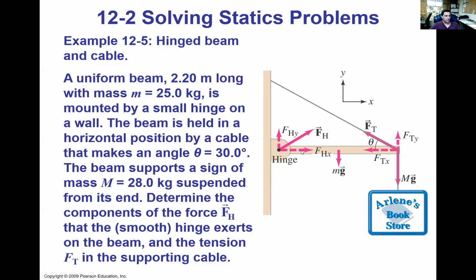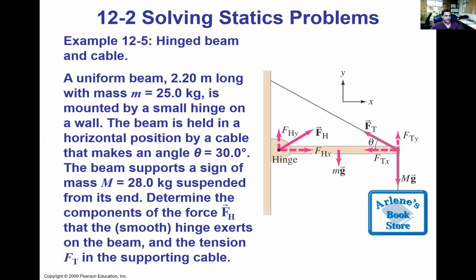We don't have to deal with the FX because it is in line with the end of the beam. We would just have the FY, the reaction force for the hinge in the Y direction, to deal with. So I'm going to sum my torques about the end right here, where the sign meets up with the cable. Now you remember with the hinge, we have an FX and an FY, but we don't have a torque because if we cut the cable, this thing is allowed to freely rotate about that hinge point or axis.